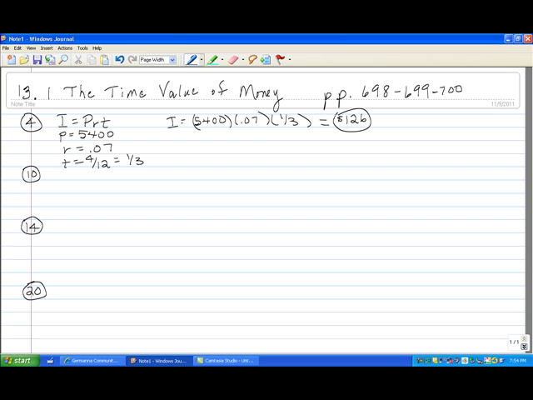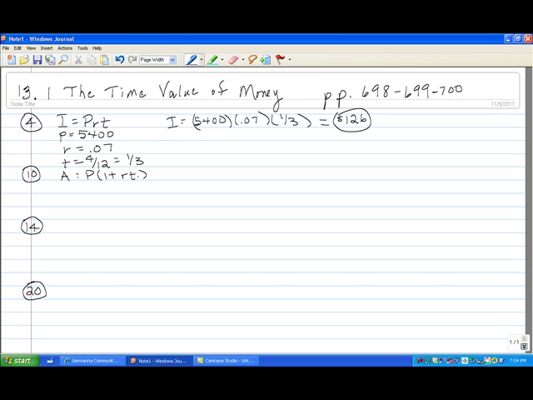And the next one says, find the future value of each deposit if the account pays simple interest and interest compounded annually. So let's take a look at number 10. We're using 2 formulas here. Let's see, we want the future value. So A equals P times 1 plus RT.